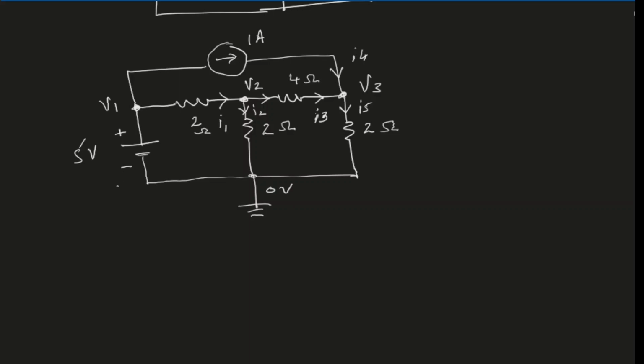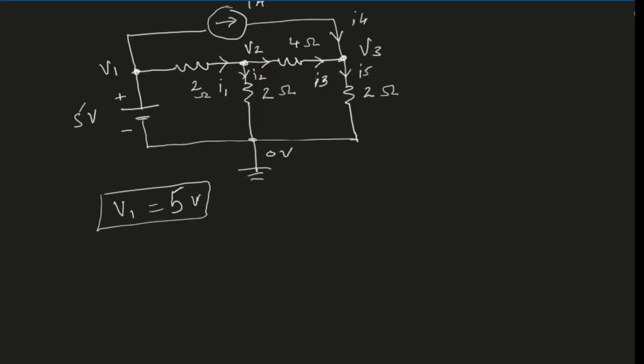Here, because of the power supply, V1 is equal to 5 volts because it is 5 volts higher than the reference node. So this is our first equation, which means we are left with 2 unknowns only, V2 and V3, and we need to apply KCLs to those 2 nodes to get the value of the 2 voltages.